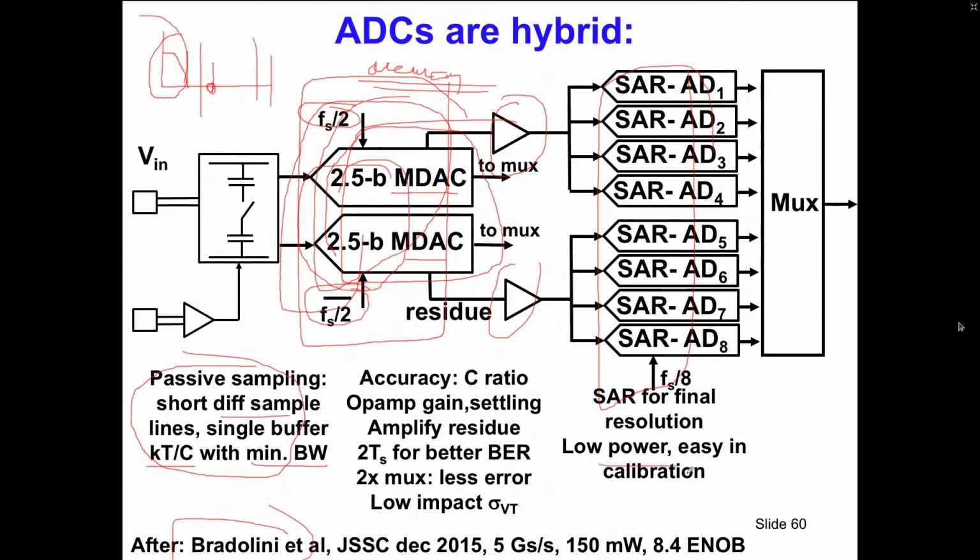Low power, easy in calibration over here, and you can extend the resolution to your desire. So I think this is an interesting paper, and I always ask my students to review that because you can learn a lot from that.